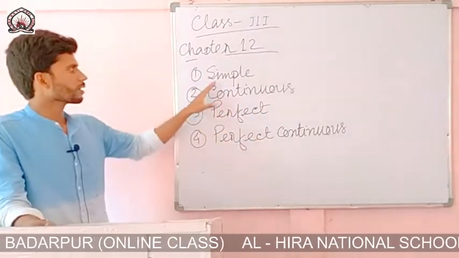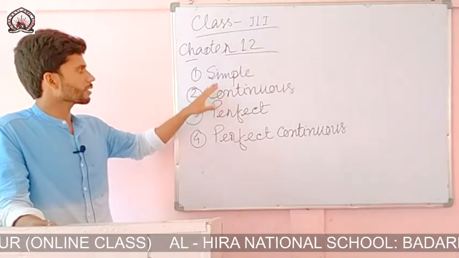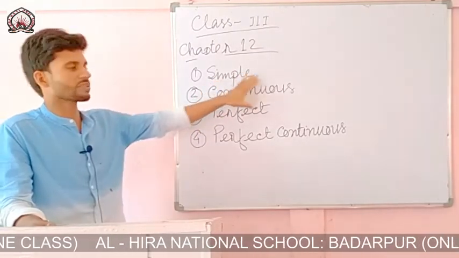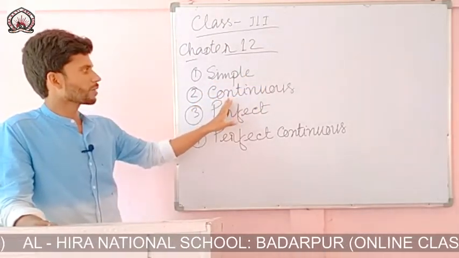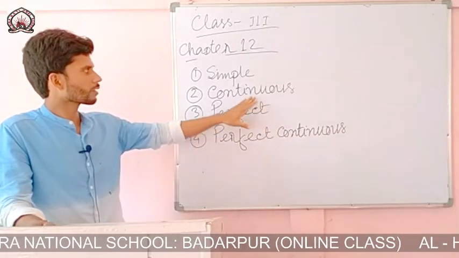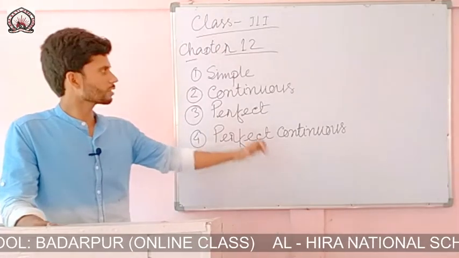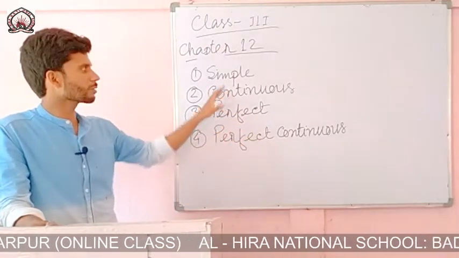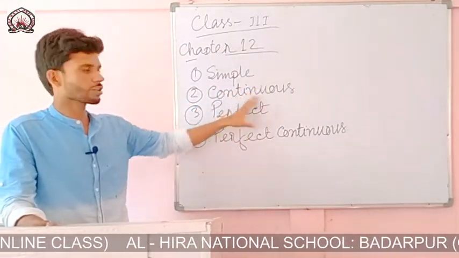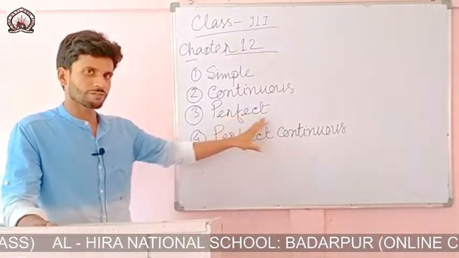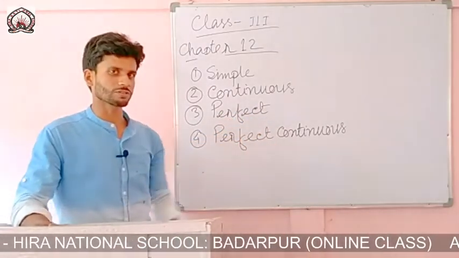If we talk about present tense, then the first kind is what? Simple present, present continuous, present perfect, present perfect continuous. If we talk about past tense, then simple past, past continuous, past perfect, past perfect continuous.